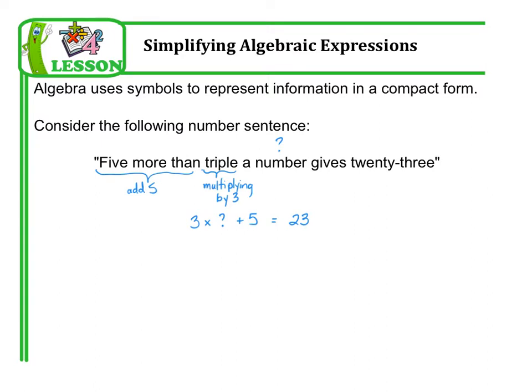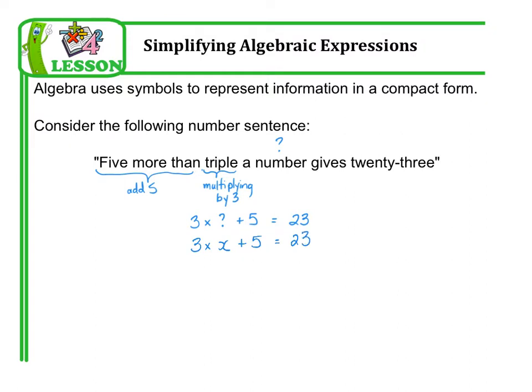Instead of using a question mark, algebra uses letters, and we call them variables, to represent unknown quantities. So the most common variables that are used in algebra are x and y. So right here, instead of this question mark, I might want to use an x. So I might write this as 3 times x plus 5 is equal to 23.